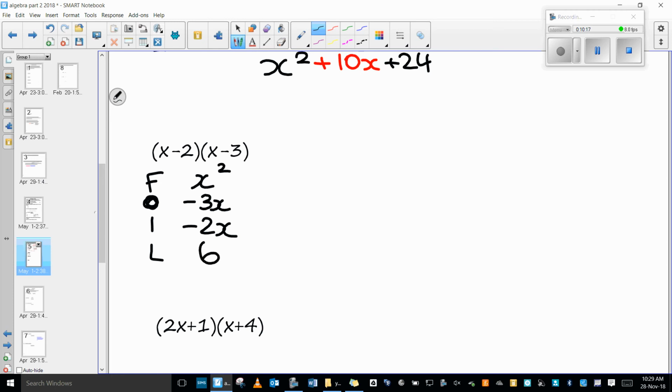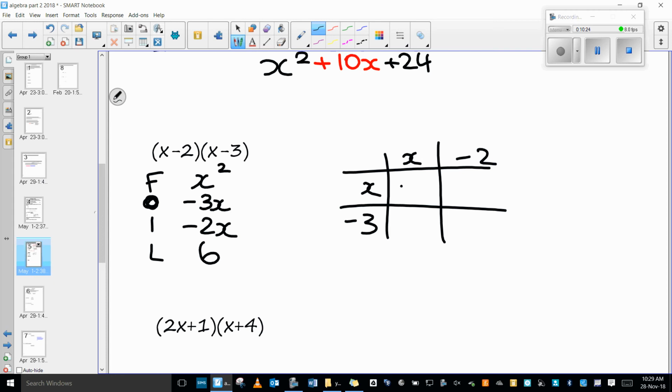x minus 2, x minus 3. Two little ones keeping the same, FOIL, two middle ones keep the like terms. That's what she said.